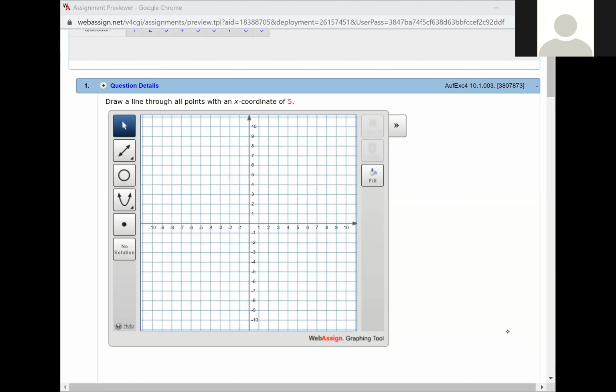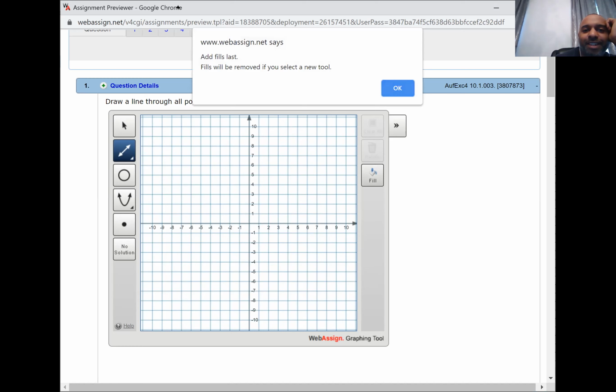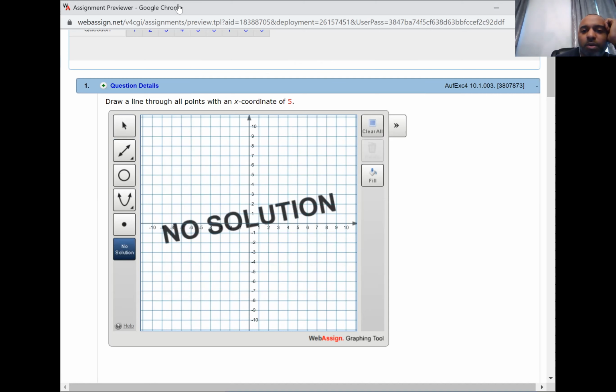All right, so okay, so mine is not working now. Let's see if this will work. That was my frustration. I gave up. All right, fill, remove. Let's see if that's working. Nope. I wonder why this thing not working now. All right, let me try one more thing.